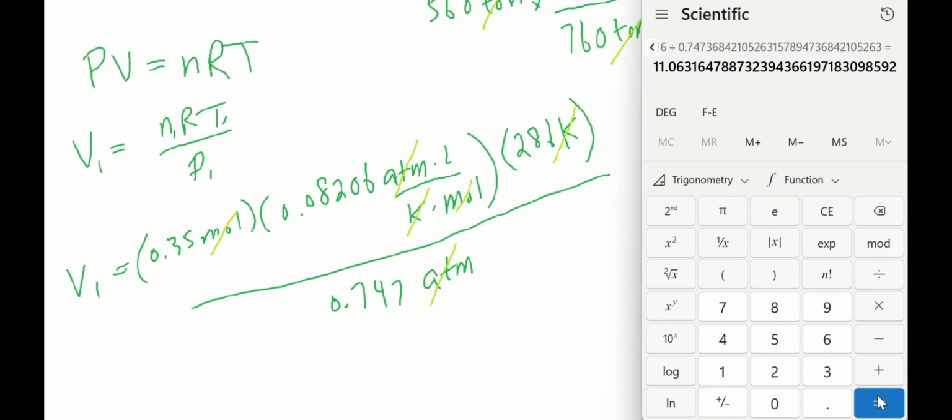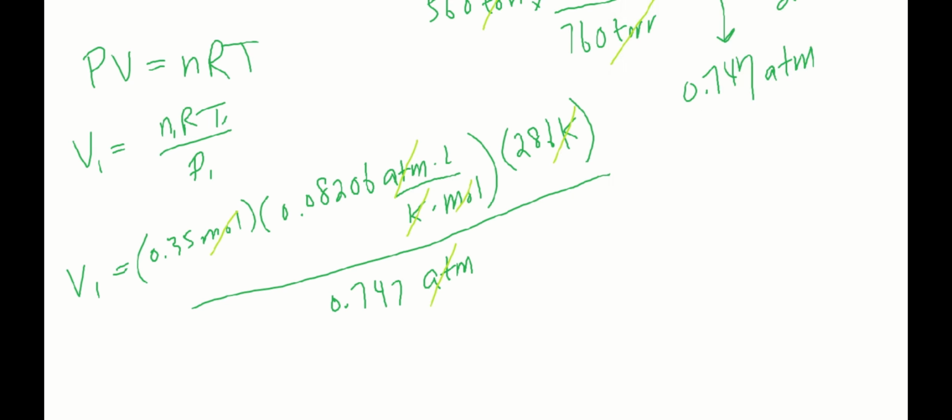So volume 1 is 11 liters. The initial volume is 11 liters. So I'll circle that for now.